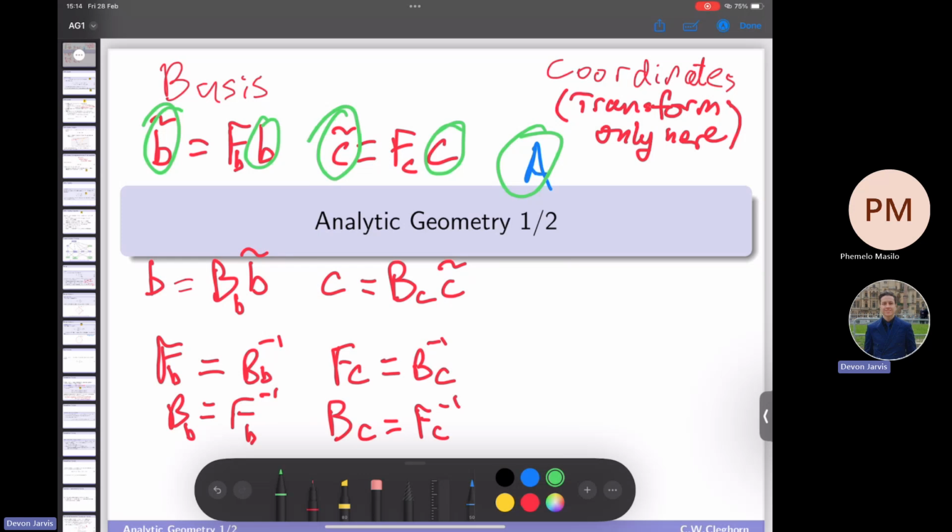And I say to you, A maps from B to C. This is the question: what is the equivalent transform of A, which maps from B tilde to C tilde?